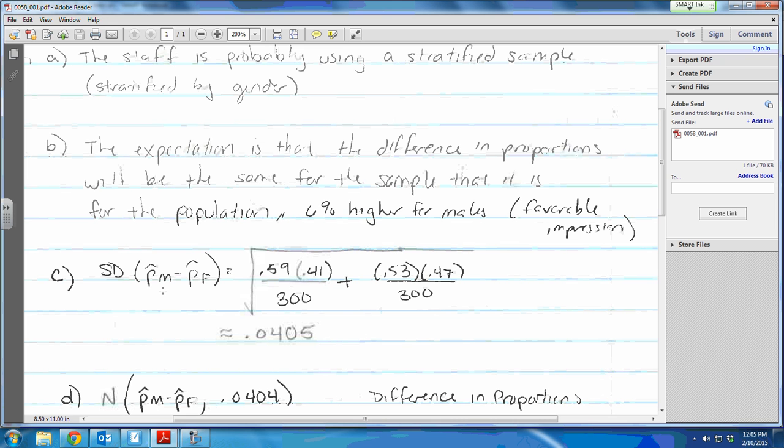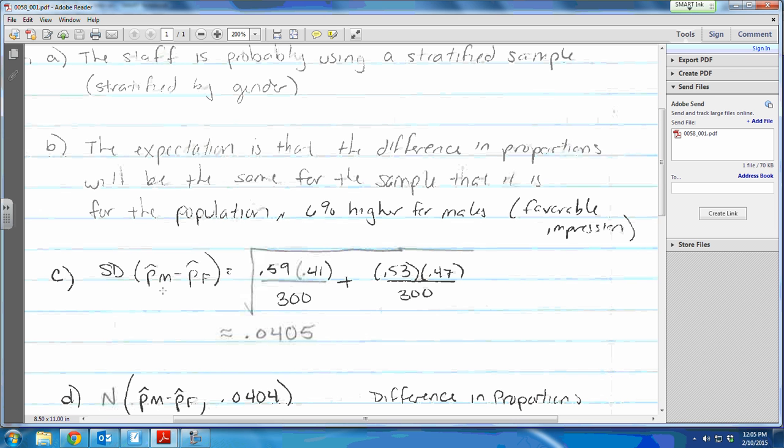They're okay with that. You don't have to define that. They can figure that out. Unless you're making up some crazy abbreviation, then you need to explain it. So you need to make note of which went first. It doesn't matter for the standard deviation because you're adding, but it'll matter in a second. Okay? Everyone good with how I got 0.0405?